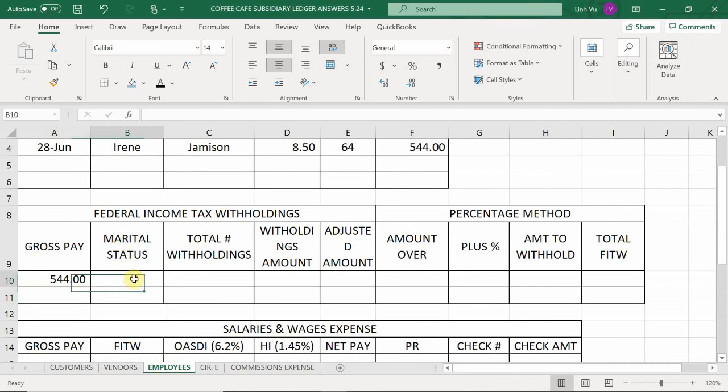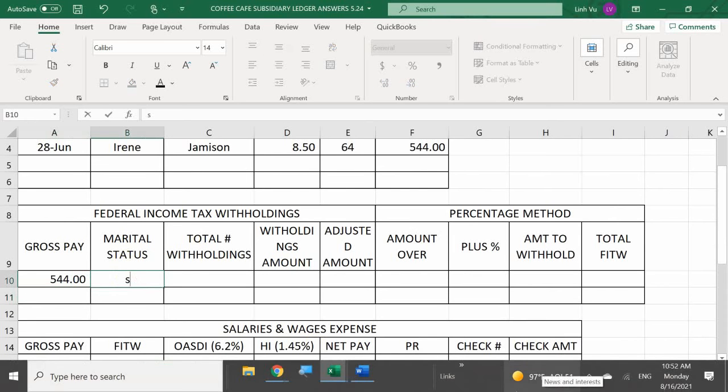Her marital status, once again, is single. Total withholdings, 0. So the total withholding amount is going to be 0, because she has nothing to withhold. Then the adjusted amount.